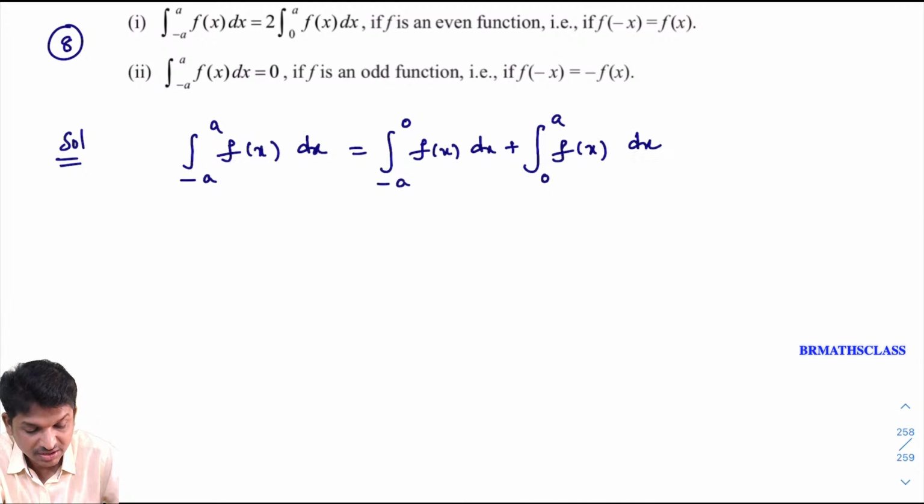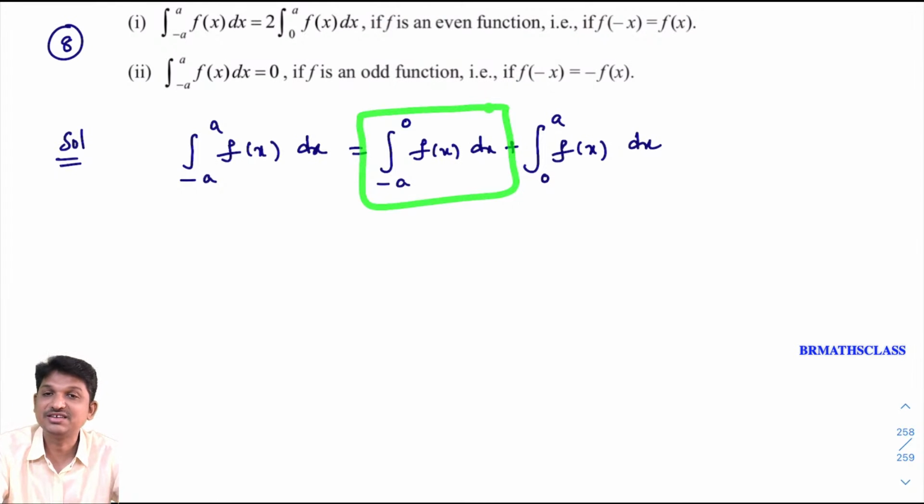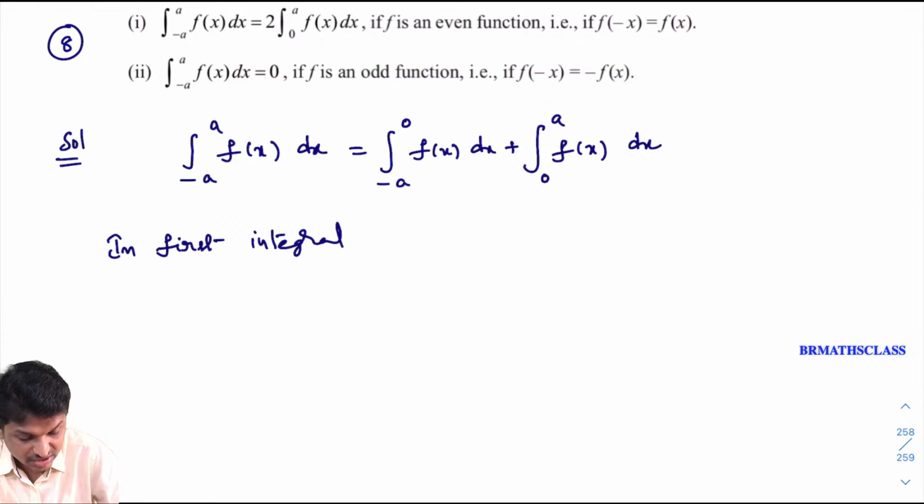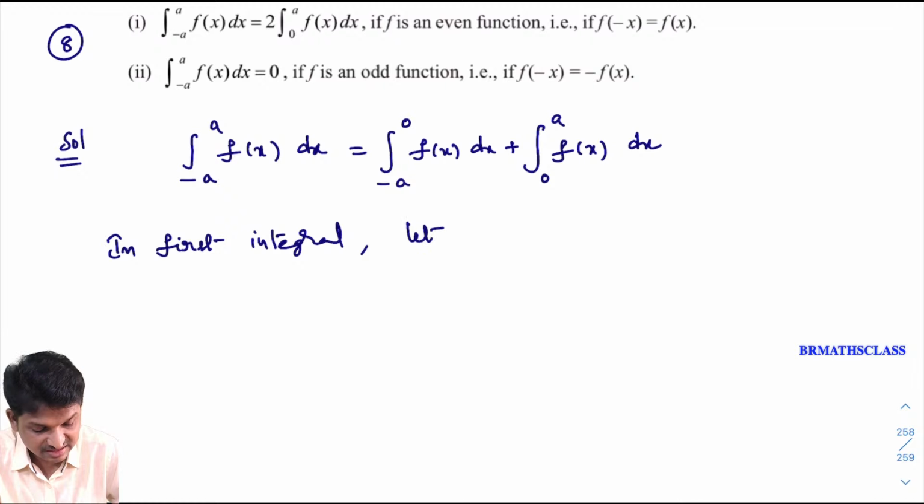Clear? Whatever changes I make, I will make in the first integral only. In the last result, we made the changes in the second integral. Now we will make the changes in the first integral. In the first integral, let x equal to minus t.